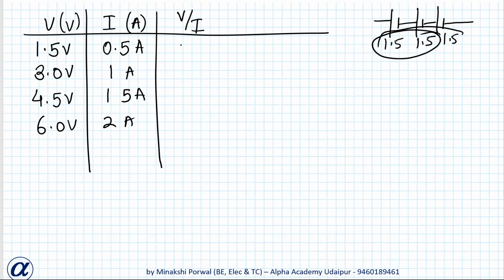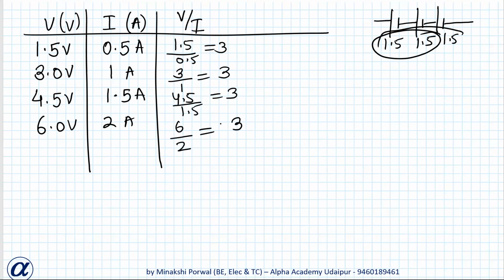In first case 1.5 by 0.5, so it is 3. 3 upon 1, it is again 3. 4.5 upon 1.5, it is again 3, and 6 upon 2, again it is 3. So what we are observing is V upon I is a constant.